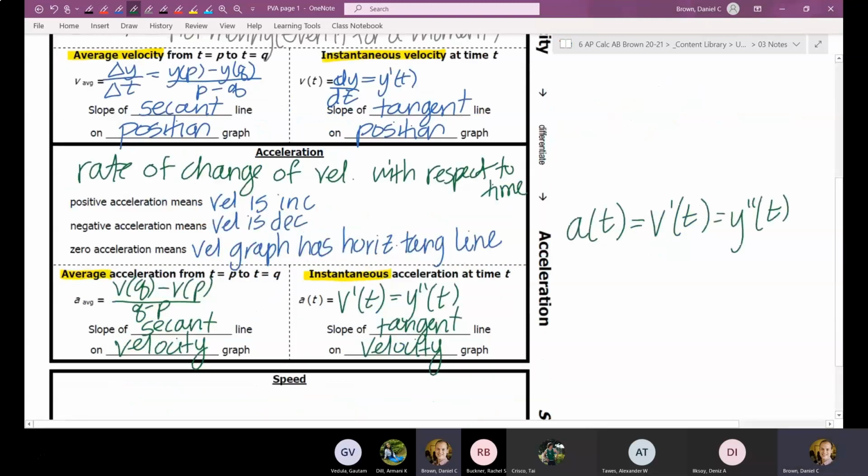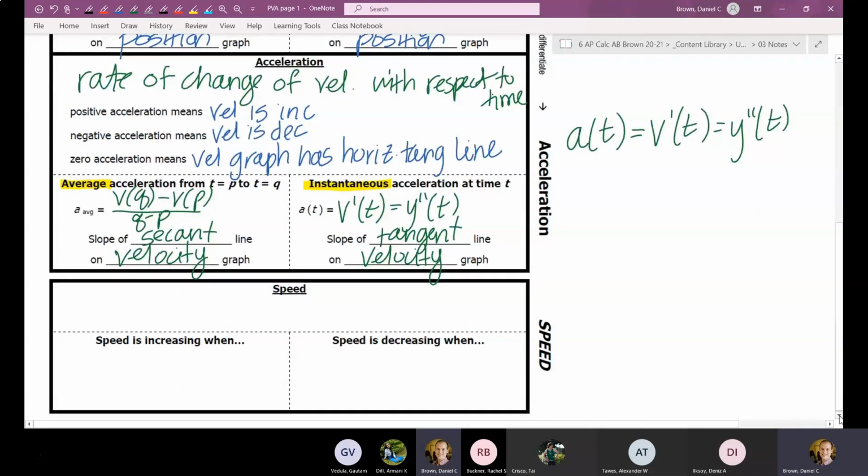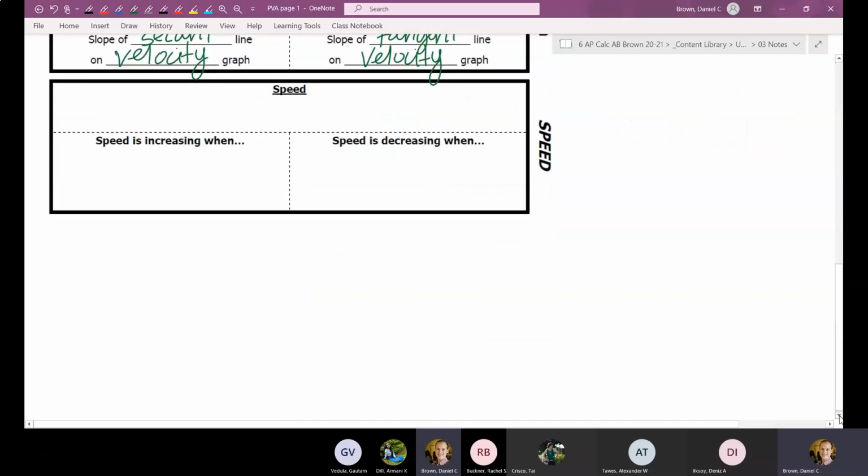All right, and so then the last word I want to do is speed. Speed is something that I see students mess up on because they're like, well, we just talked about velocity. Is speed really something different? For us, yes, we are going to define speed as something different. For us, the definition of speed is the magnitude of velocity.